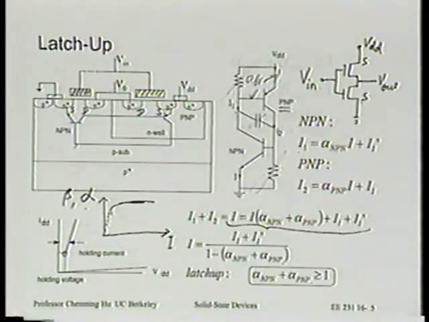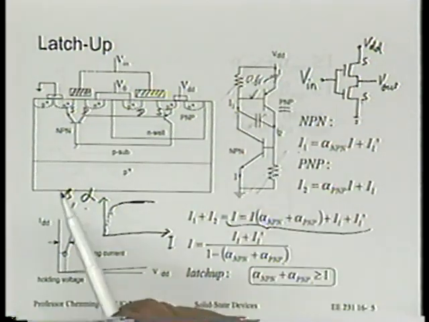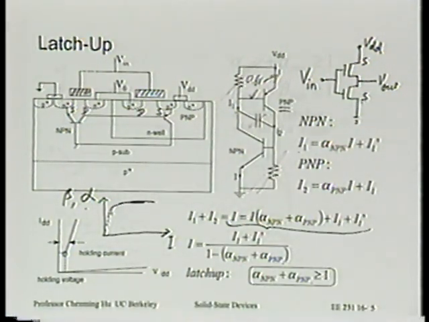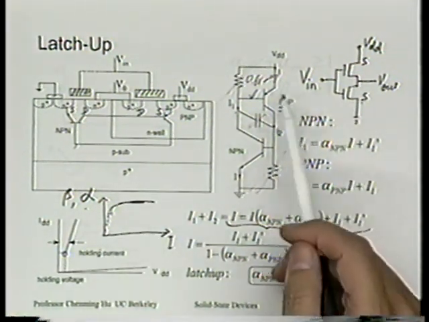Until this junction reaches that voltage, it essentially doesn't inject any carriers, so we don't have any gain. By the way, that's the reason why in a bipolar transistor the gain is usually very small when you have small current. With small current, you're having recombination current and all those leakage currents. They're not conducted by the forward-biased junction.